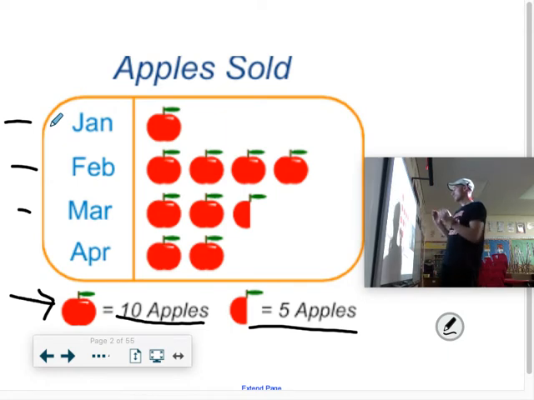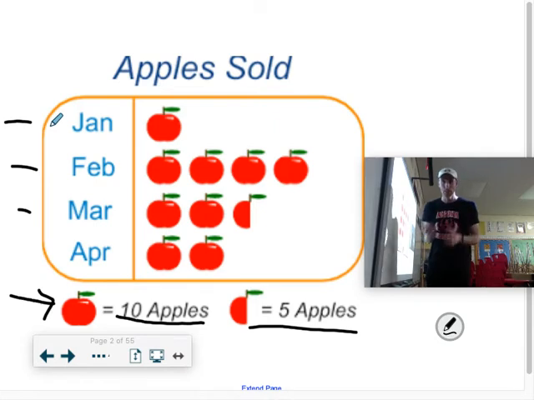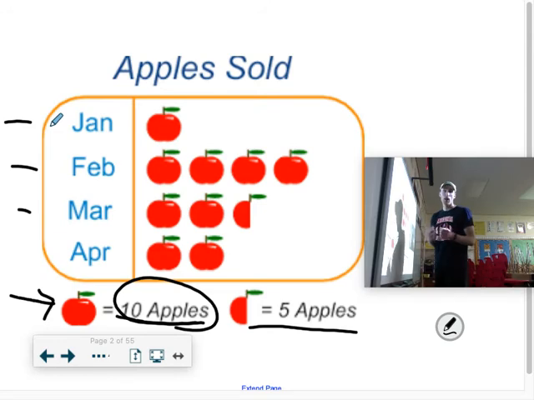We can take a look and see which one's the second most, which month they sold the least. Which month did they sell the least? Yeah, January, because they only had 1 apple on there, and that 1 apple is actually worth 10. We have to keep looking at that key over there, making sure we're using the right amount of information. There is no 1 apples on this. It's either going to end in a 5 or a 0.